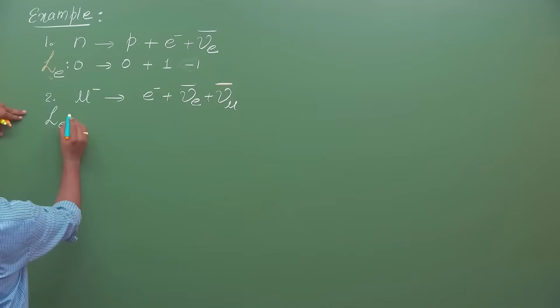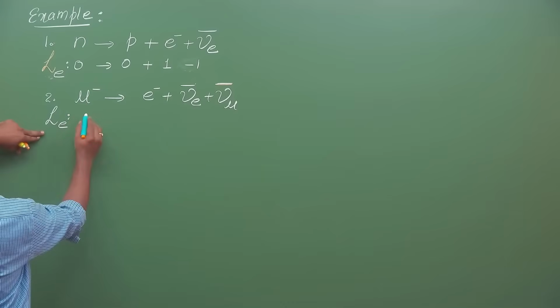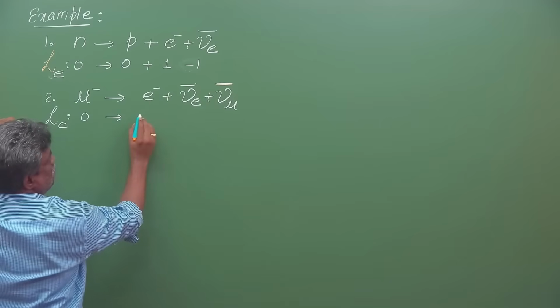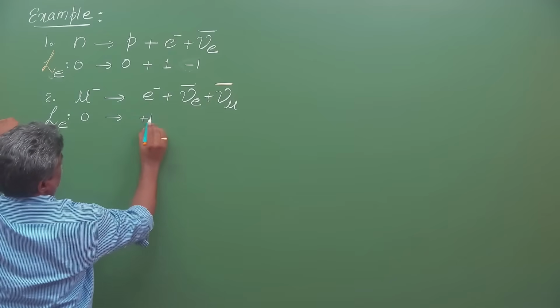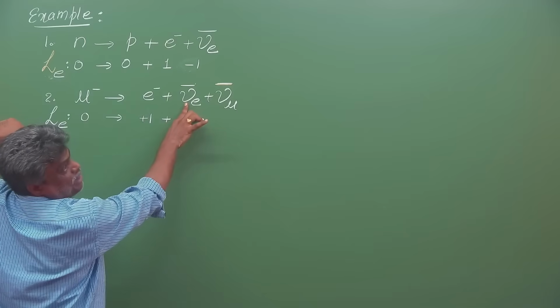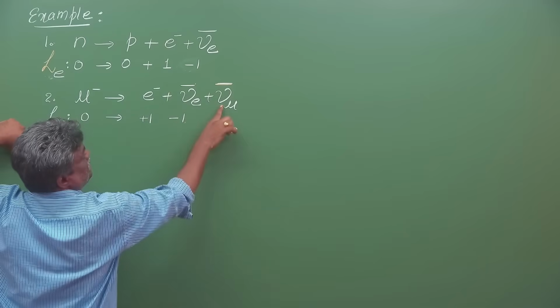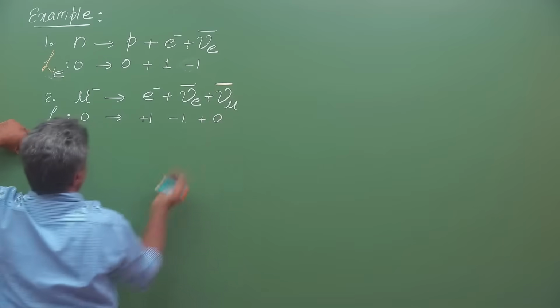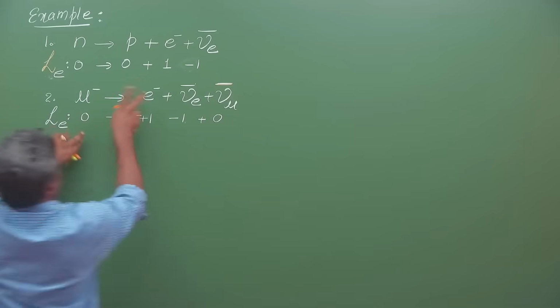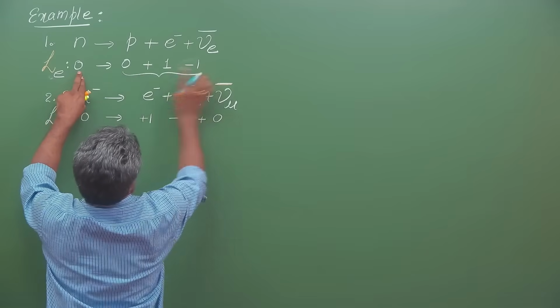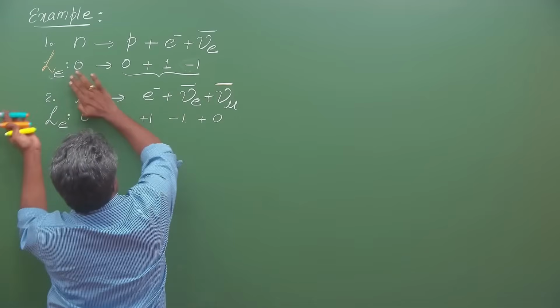Is it electron family? No. Is it electron family? Yes. Plus or minus? Super. Is it electron family? Yes. Answer? Minus 1. Is it electron family? No. This side how much? 0. And this side also add. How much? 0. This side 0, this side 0.